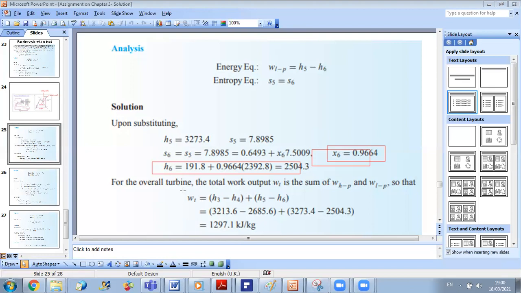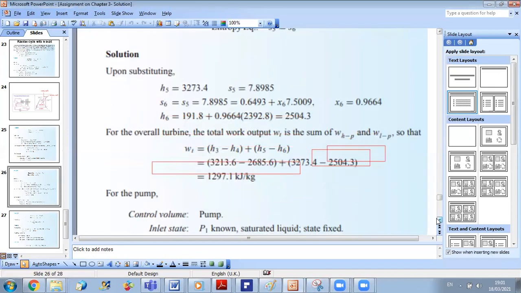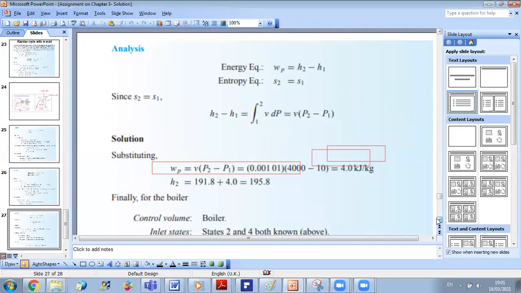Now, in order to get the efficiency, we still need to get the work of the pump, but it is equal to the work already calculated in the previous step, so we can calculate W net. So the second step is to calculate W pump, which will be equal to the one calculated previously.